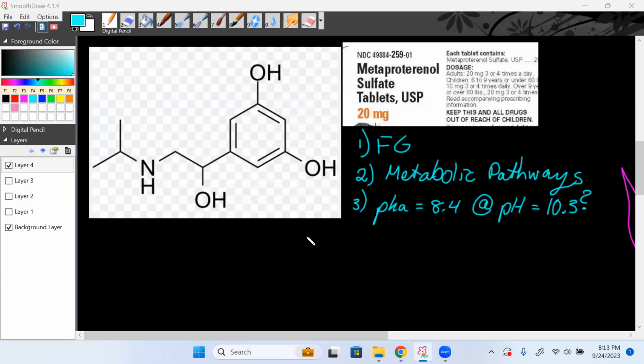I think this is called a 1,3 catechol though. But again, determining parent structure isn't on the exam. I think it would be either a 1,3 catechol or an alpha beta aminol. Technically.